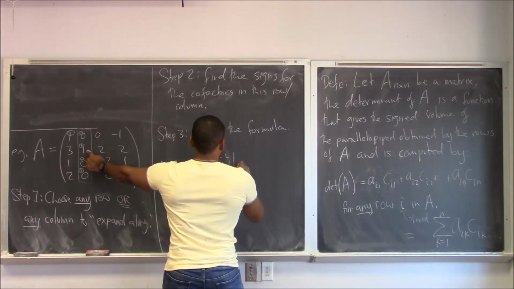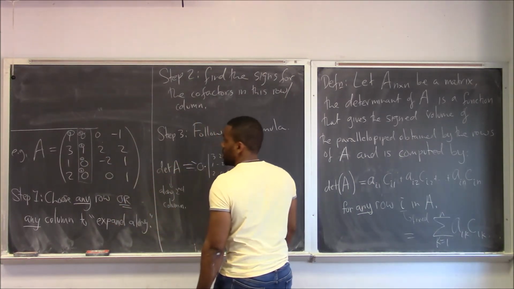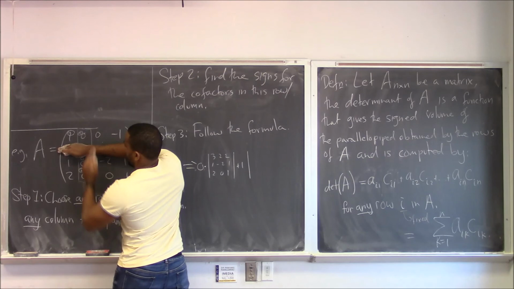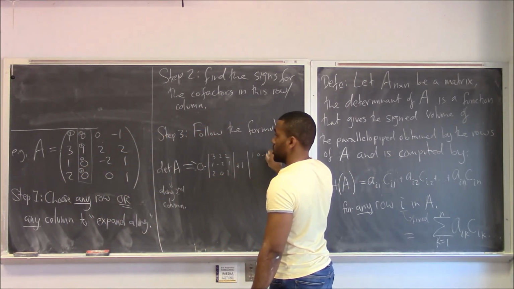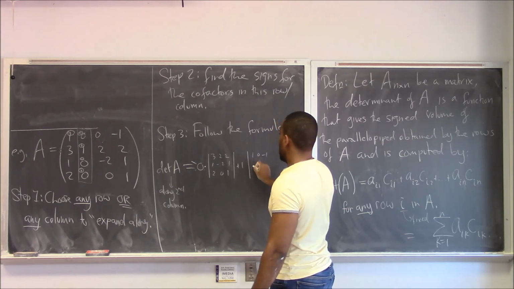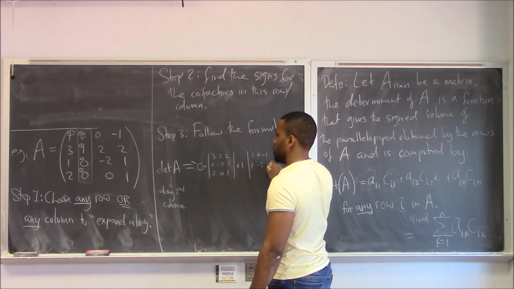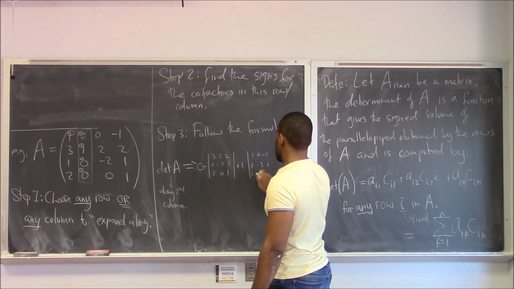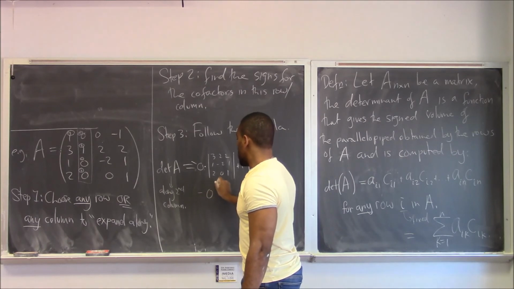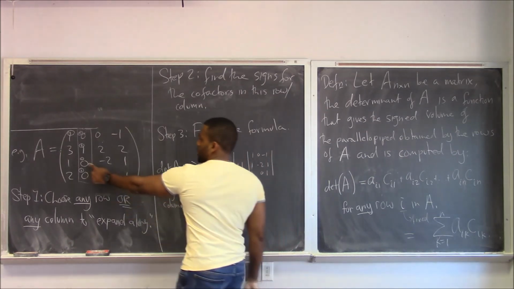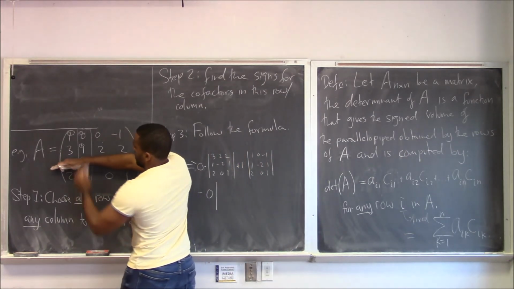Then I'm going to have a plus 1 times, block out everyone in his row and his column. I'm going to have the 1, 0, minus 1, 3, 1, minus 2, 1, and 2, 0. Minus 0 times, now this guy, block out everyone in his row and his column.